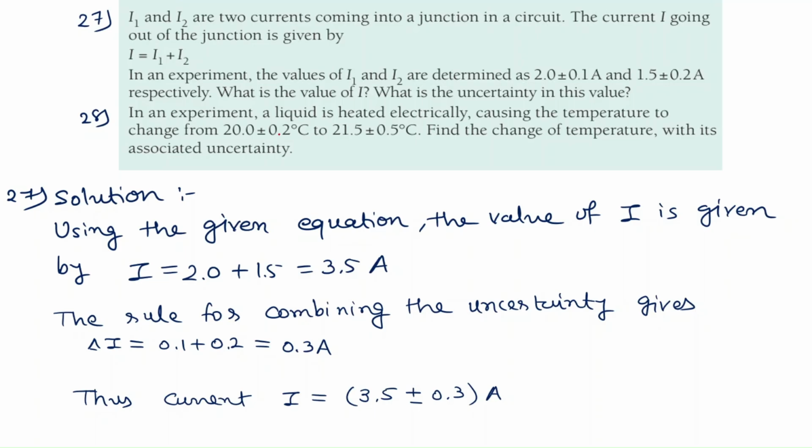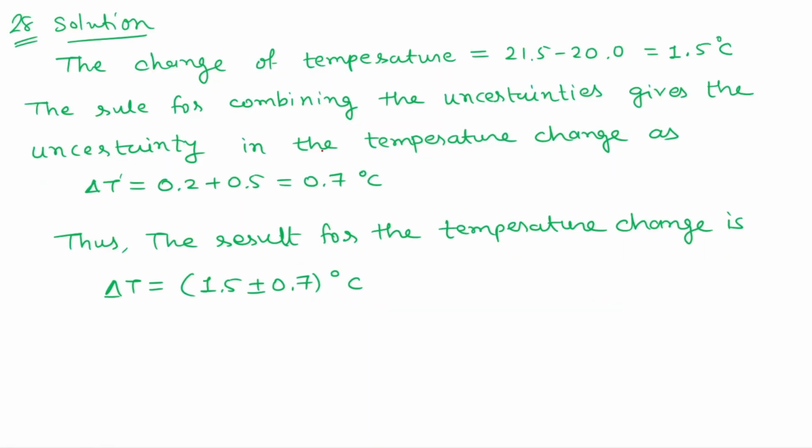It says in an experiment, a liquid is heated electrically, causing the temperature to change from this value to this. Find the change of temperature. We have to find delta T with its associated uncertainty. The initial temperature is 20 and it rises to 21.5.